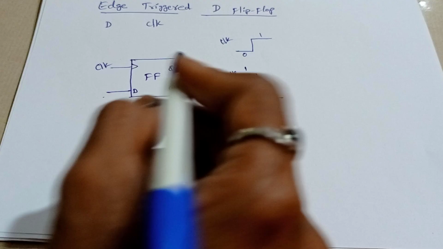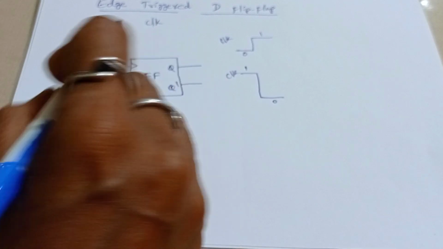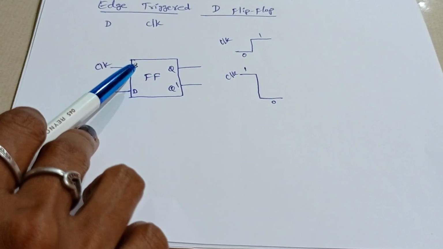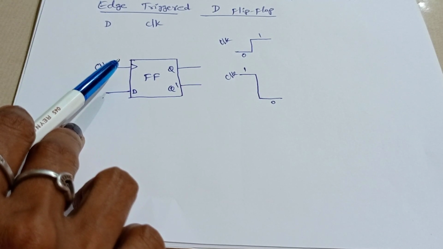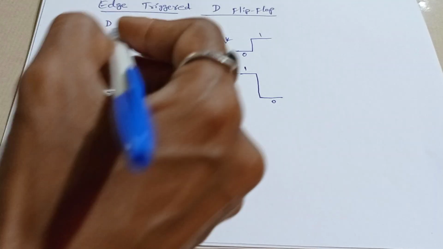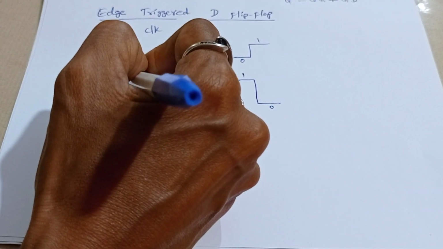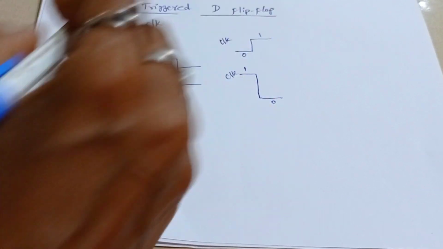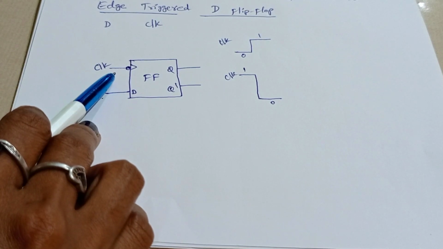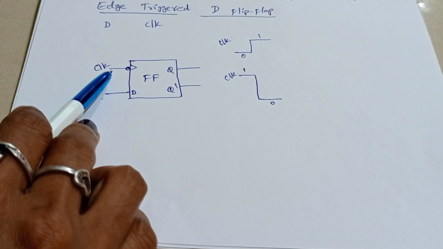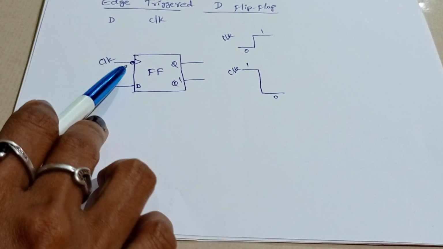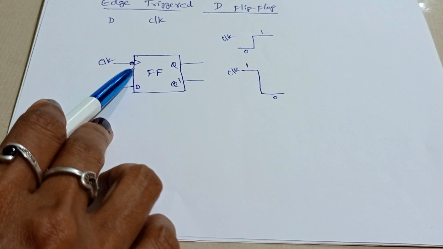Here an inversion symbol, that is a bubble on the clock input, indicates falling edge. If we place a bubble, this represents a falling edge trigger, and without a bubble, it indicates a rising edge trigger.